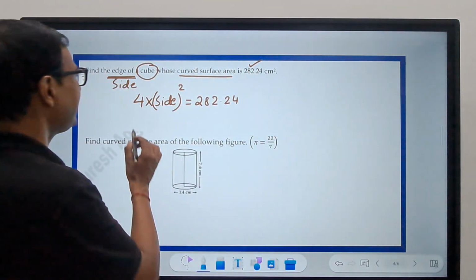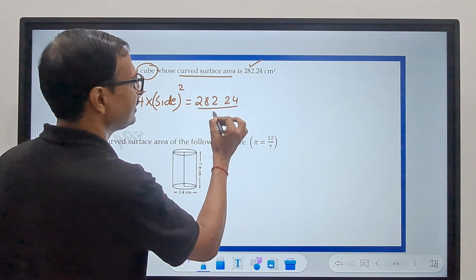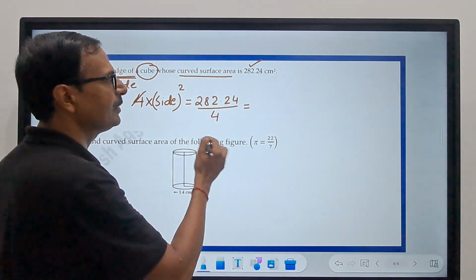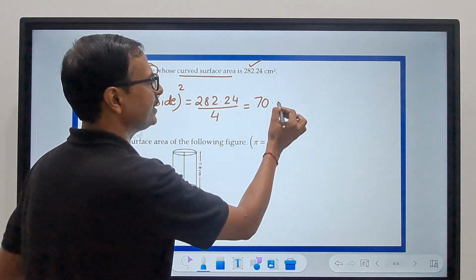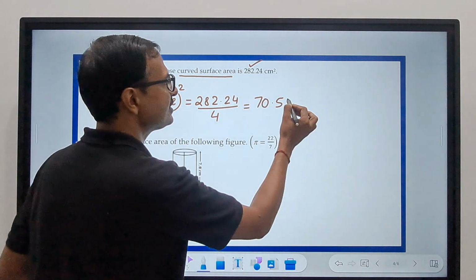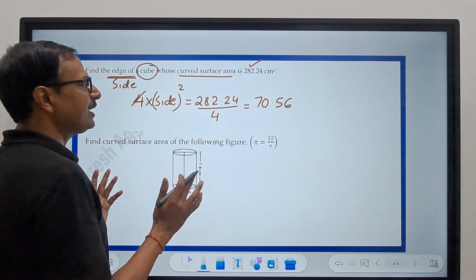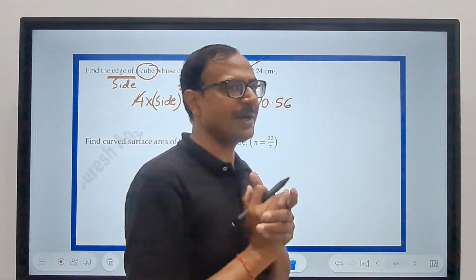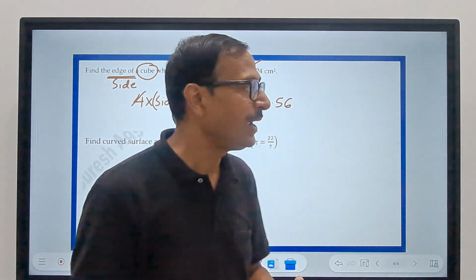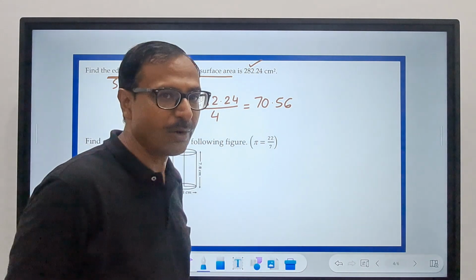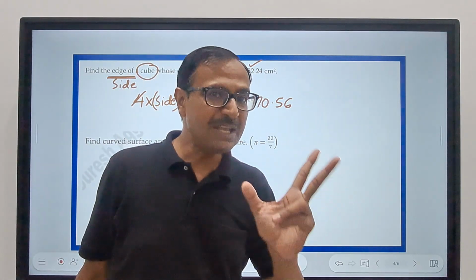Okay, so if I take this 4 to the other side, you will have this division problem. So this is 7 and then it's 0, 0.22 means 5 and 24 means 6. So immediately when I see 70.56, I know that it is a perfect square. 7056 is a perfect square, and it happens to be the square of what? 84.